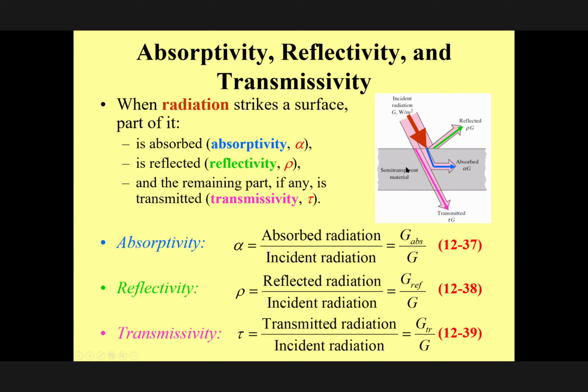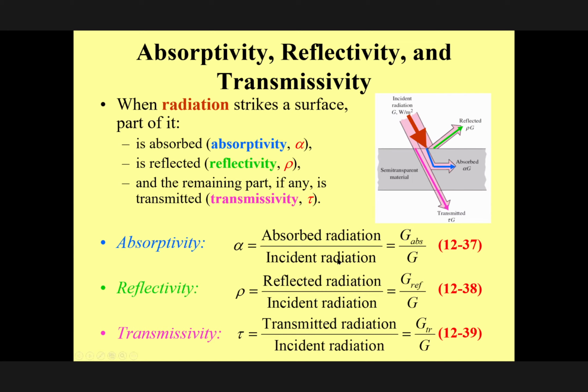Therefore, we can define absorptivity: the energy absorbed by the material to the total. Absorptivity means the ratio of the energy absorbed by the material to the total energy that comes to the surface.